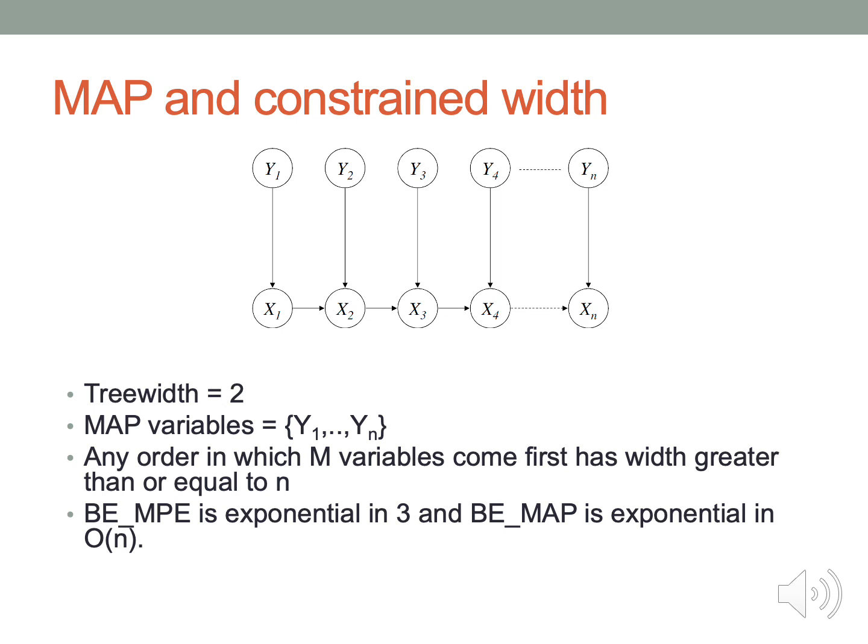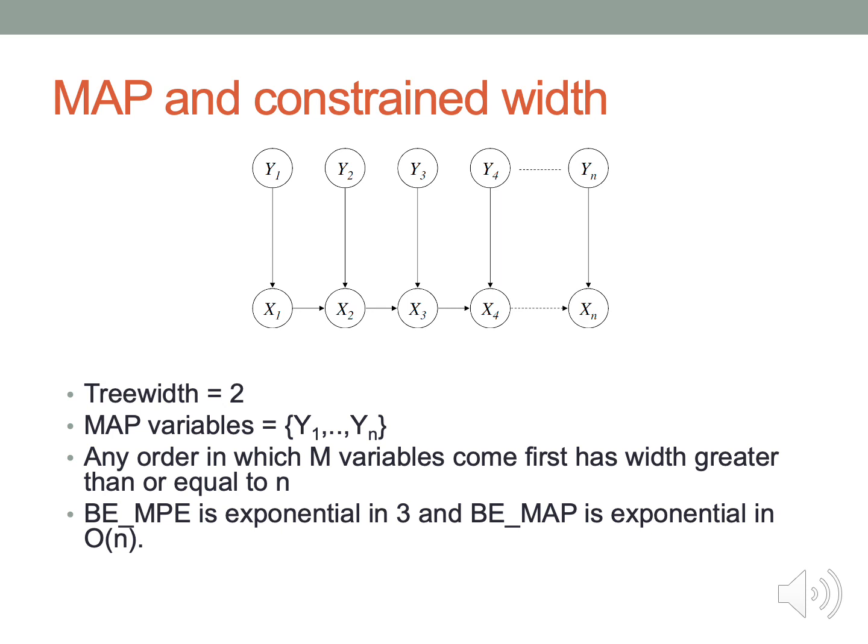So you can see the huge gap in complexity. This is a pathological example, but it illustrates the difficulty with MAP inference. Even on graphs which are very simple, which look like trees, MAP inference becomes an extremely hard problem as compared to MPE inference.